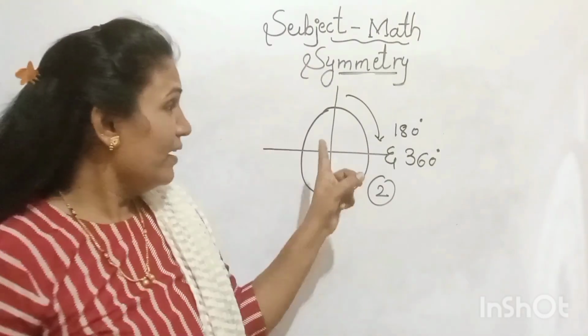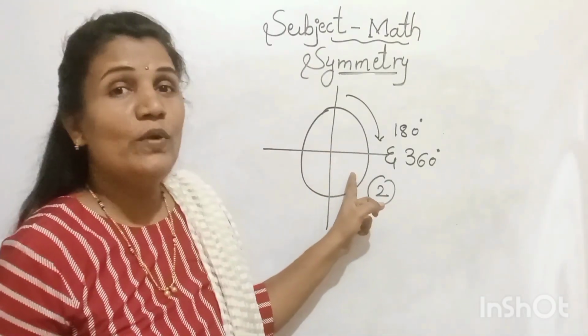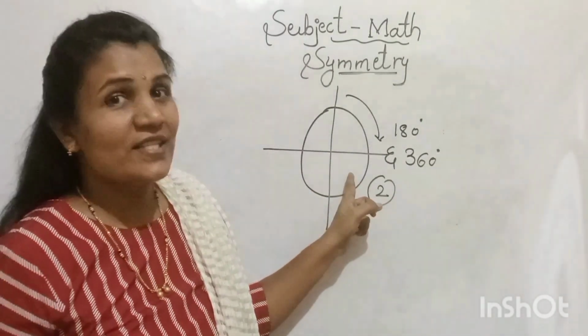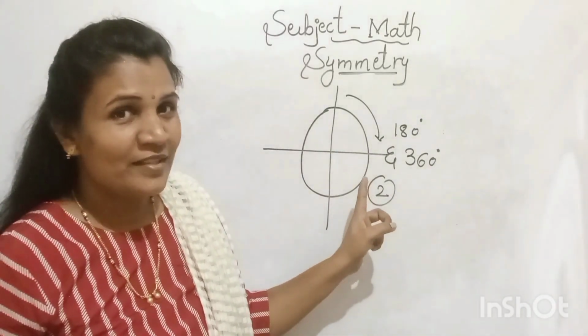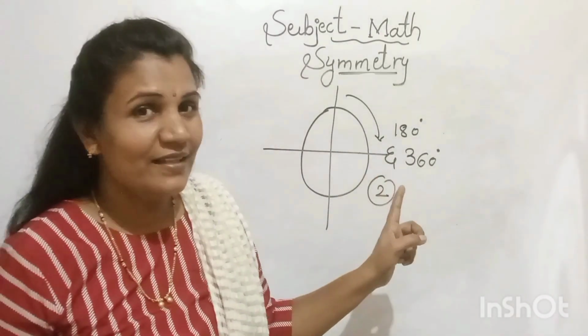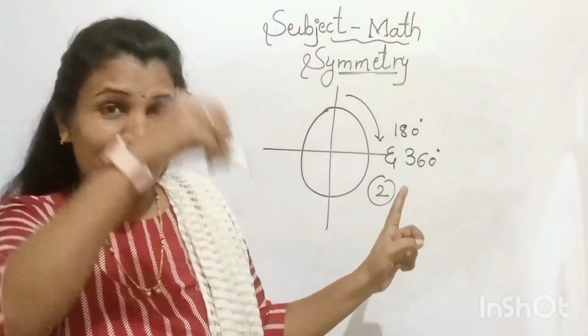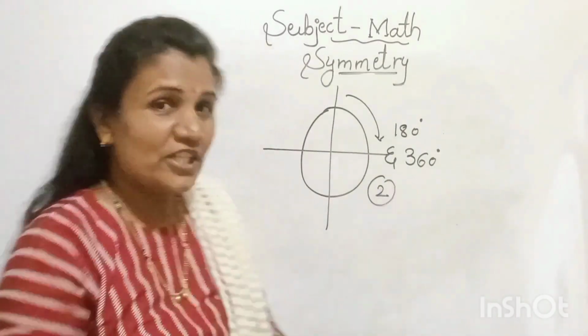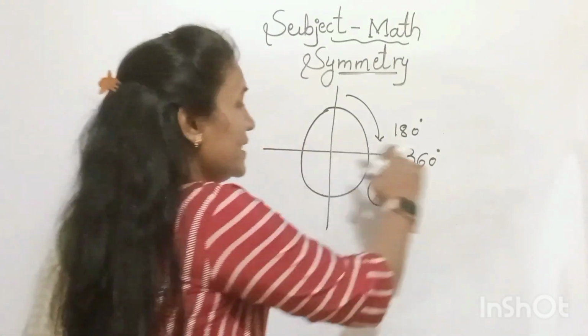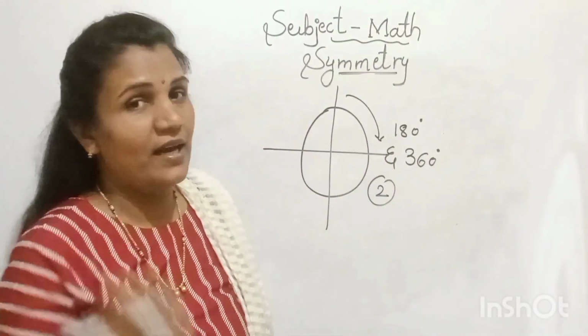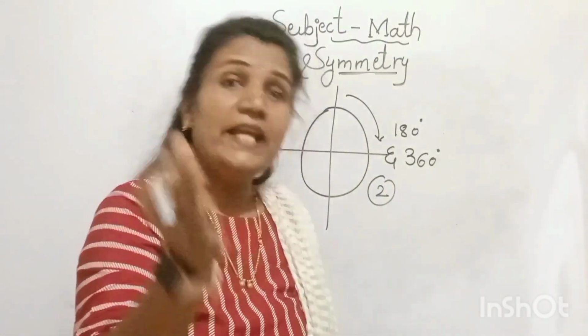Here the oval has reflection symmetry. How many? Reflection symmetry is nothing but the line of symmetry, axis of symmetry, what I told you first. Reflection symmetry is also 2 for the oval. Horizontally we can get the reflection symmetry, or simply call it line of symmetry.